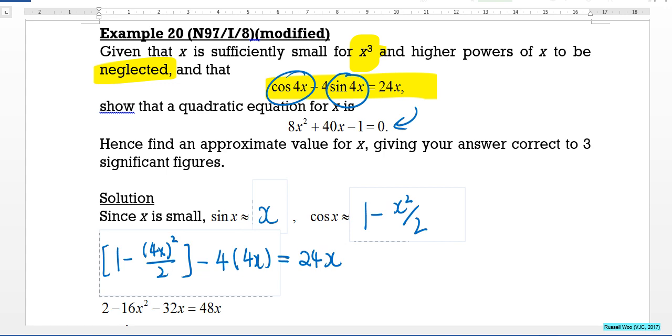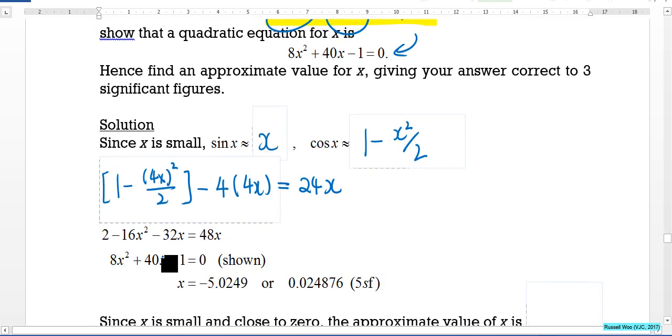From this point onwards, it's just simplification. I do not intend to go through. You can already get a quadratic equation in x. But I want to say that the quadratic equation, you have shown it. Hence, find the approximate value for x. Give your answers to 3 significant figures. You got 2 solutions here, negative 5 and 0.02.